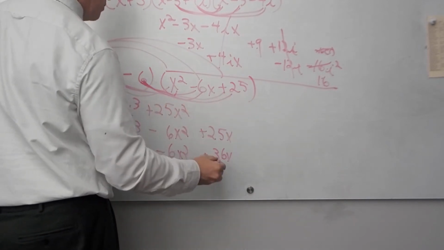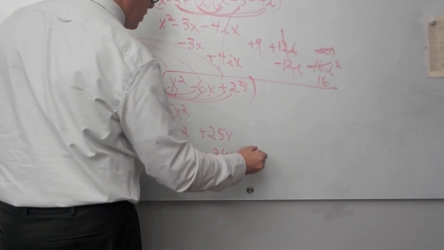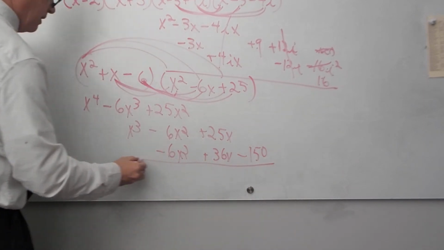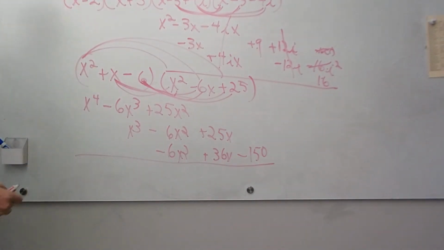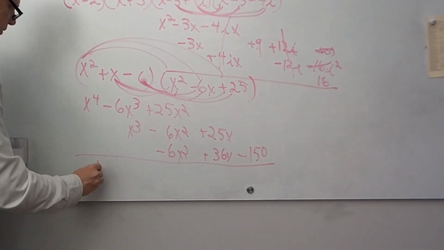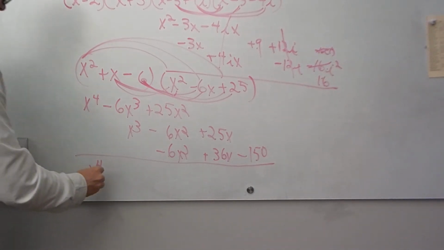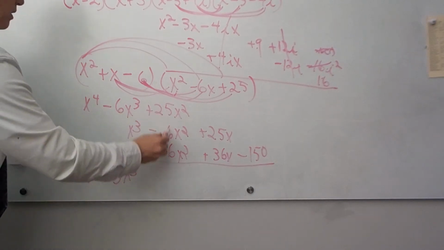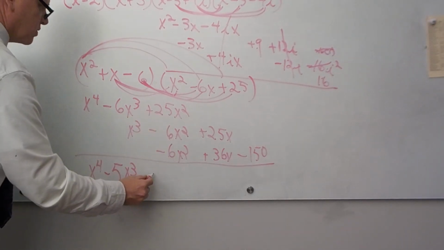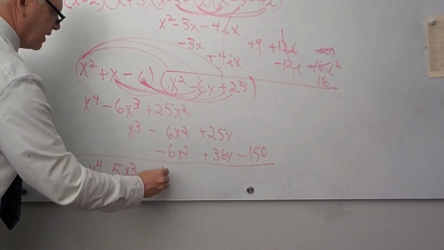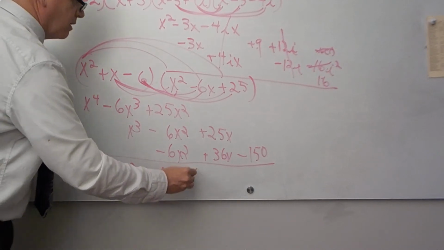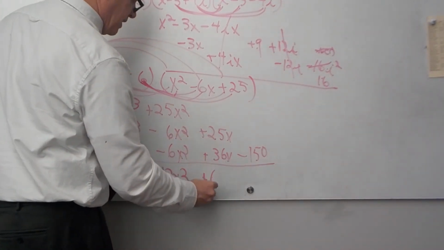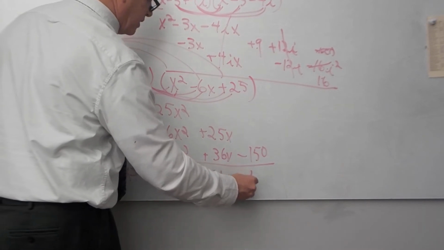Negative 6 times 25 is negative 150. And my answer that I'll use for this one is x to the 4th minus 5x cubed, 25 minus 12 is plus 13x squared, 25 and 36 makes 61x minus 150.